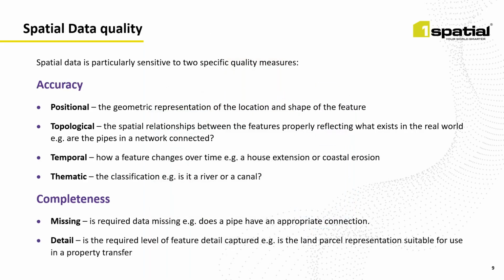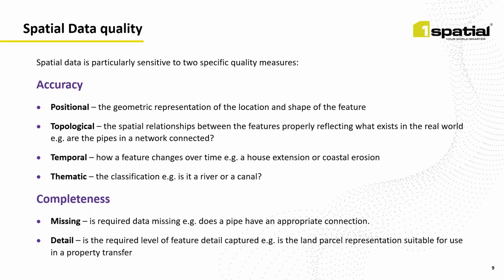And if we talk about spatial data specifically, there are a couple of quality measures that spatial data is particularly sensitive to, due to things like storing a geometry representing real-world features. And those 2 things are accuracy and completeness. So in terms of accuracy, we need to make sure that the positional accuracy of our data is correct, and that the geometric representation of the location or the feature in the real world is truly representative, and also topologically correct.